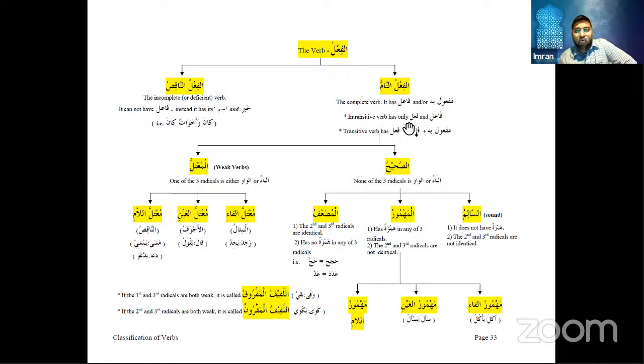An intransitive verb has only the verb and the fa'il. And a transitive verb, we did practice this before, but I'll practice it again today, has the verb, the doer, the person who's doing the action, because every verb requires a doer, and thirdly a maf'ul bihi. Maf'ul bihi is an object.